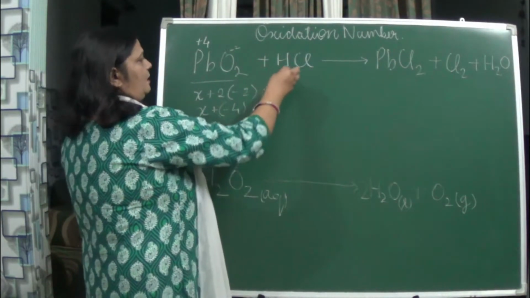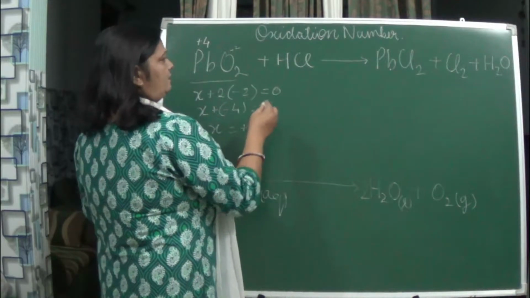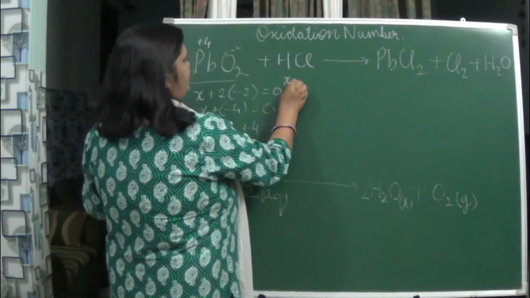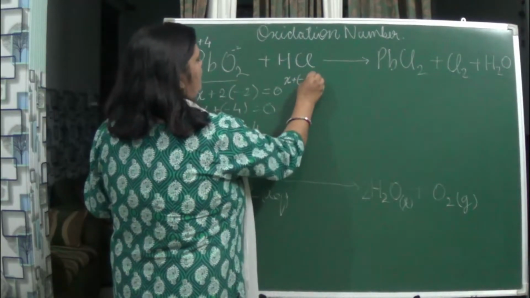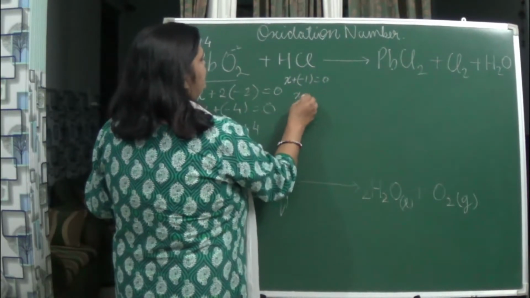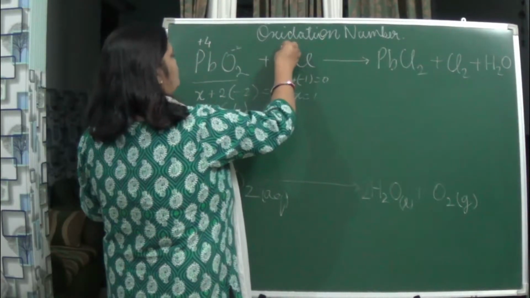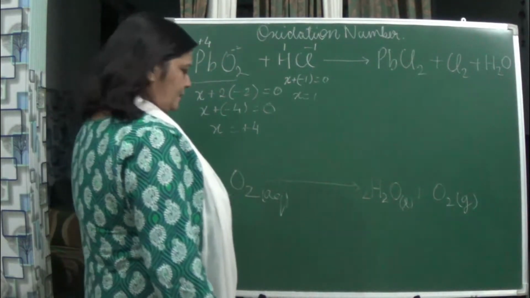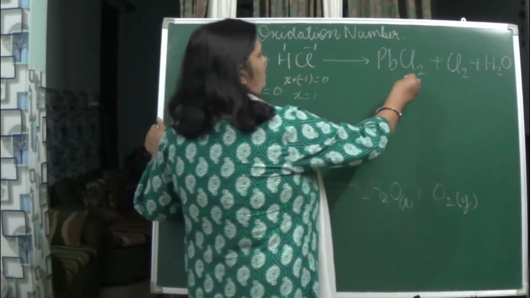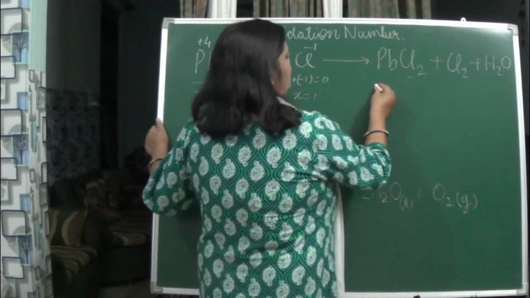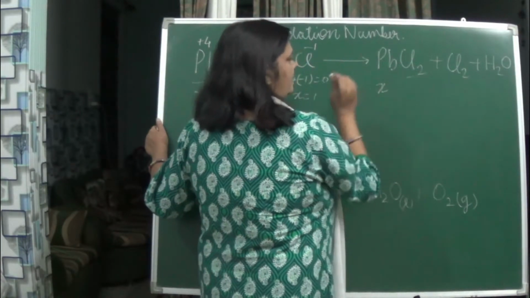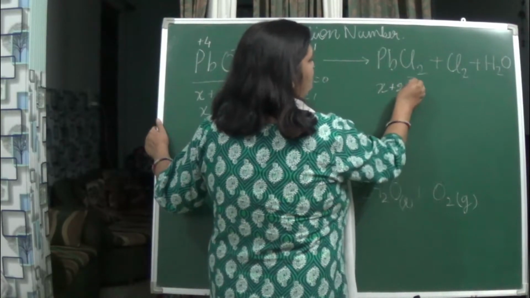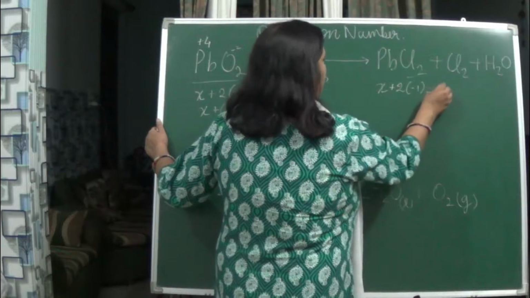Coming to HCl, we know Cl is -1. I take X for hydrogen, so X plus -1 is equal to 0, therefore X is equal to 1. So hydrogen is 1 and chlorine is -1. Now coming to lead chloride, chlorine is -1, so lead is X plus 2 into -1 is equal to 0.